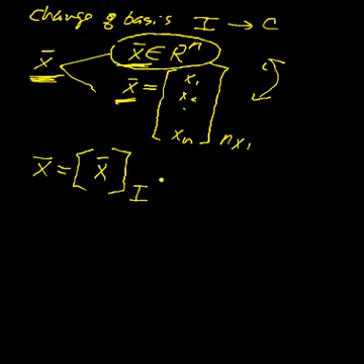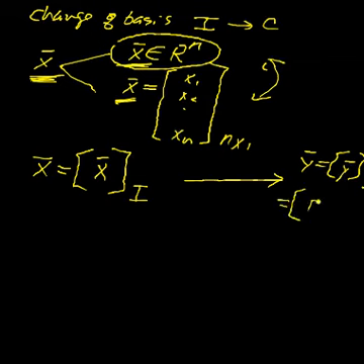So that's what that means. Also, you want to transform that to y, which is y, but in I. Again, we know y is the same as the transformation of your vector x, but written in I.